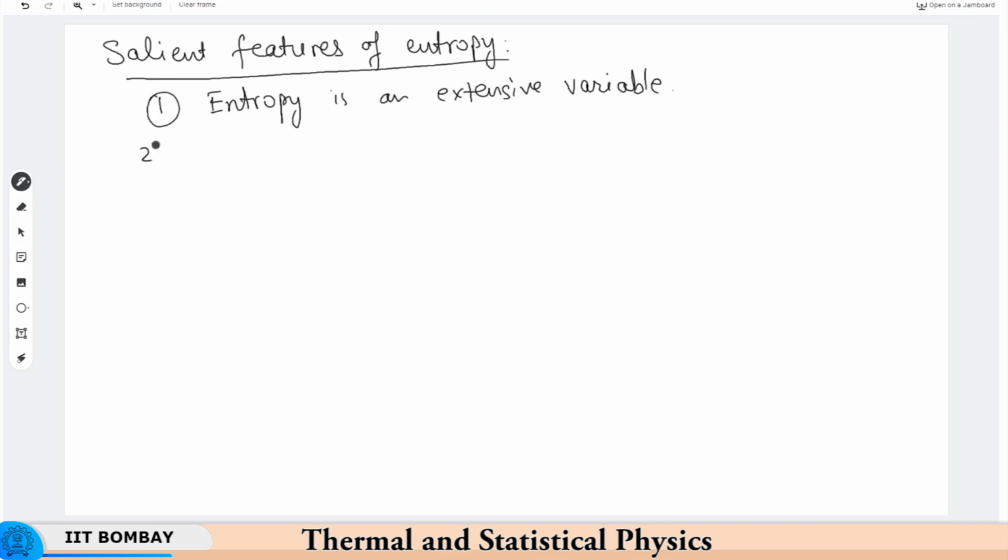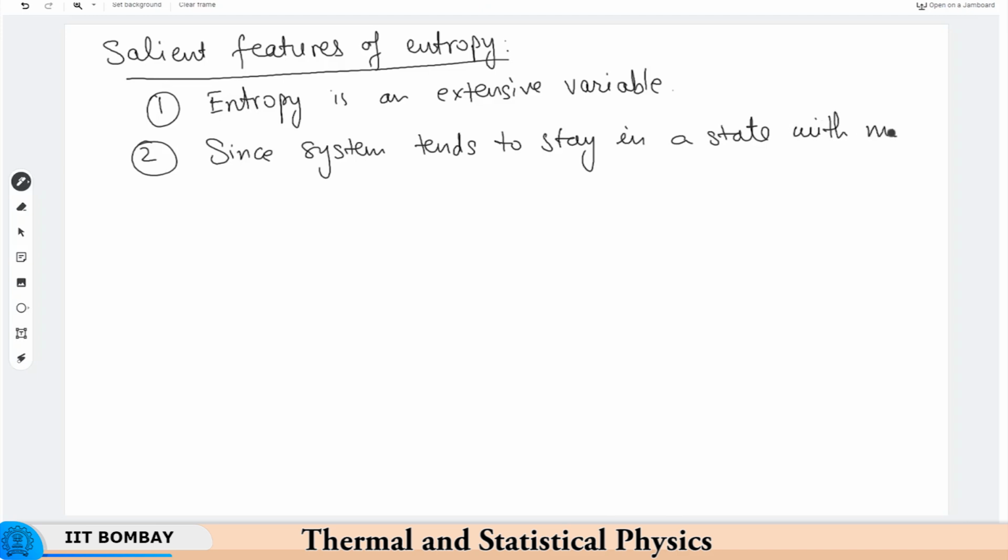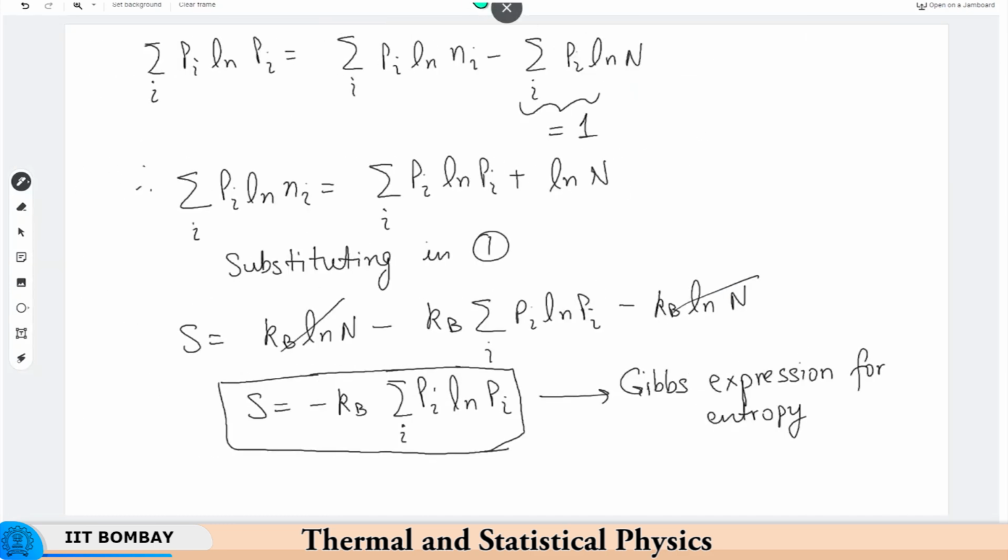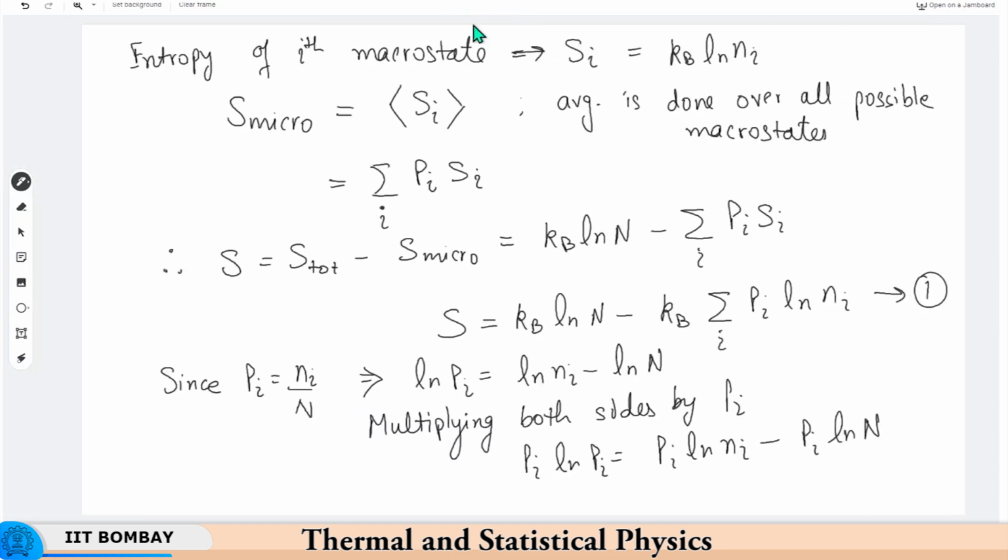And also we saw in this class the reason entropy is maximized. Since the system tends to stay in a state with more number of microstates, which is omega, entropy is just proportional to that quantity omega.